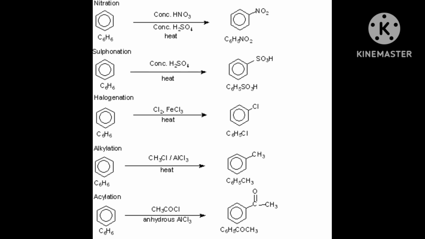Then 6 Cl minus will combine with the 6 H from the benzene, forming 6 HCl, and now 6 chlorine atoms are attached to the benzene ring. That's why it is called hexachlorobenzene.